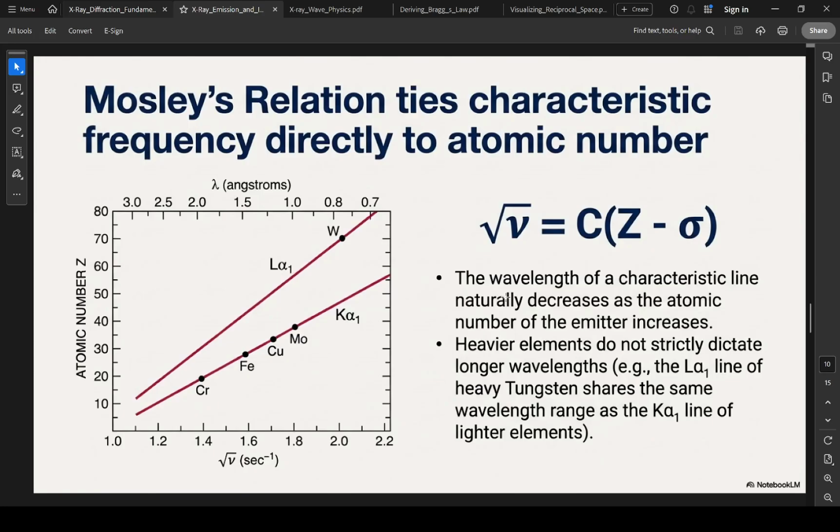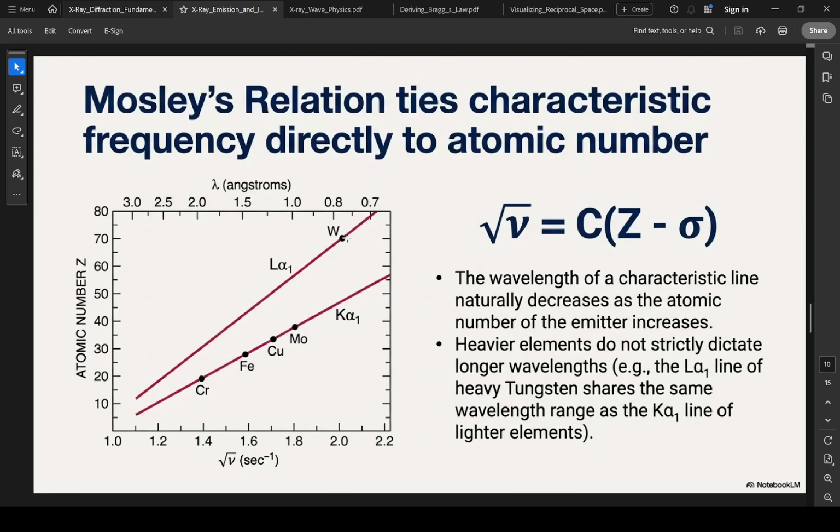But it does not mean that if you go to heavier atoms, you will get smaller wavelengths. For example, the L alpha 1 line of heavy tungsten is in a similar range as the K alpha lines of lighter elements like molybdenum and copper.